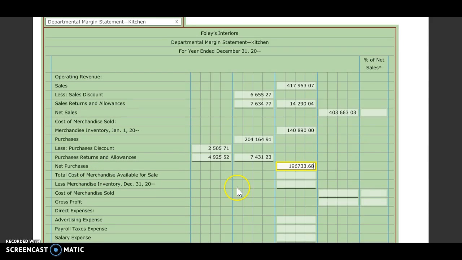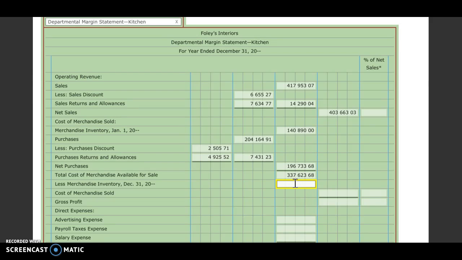To get my total merchandise available for sale, I'm going to take my merchandise inventory plus my net purchases, and I get 337,623.68.